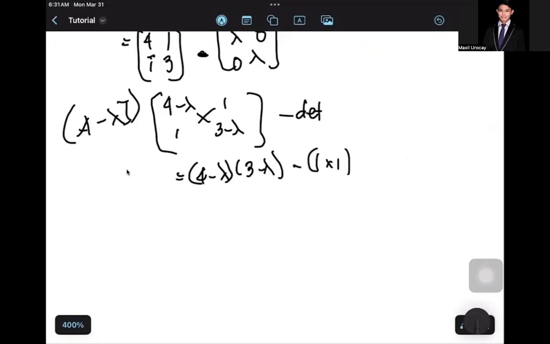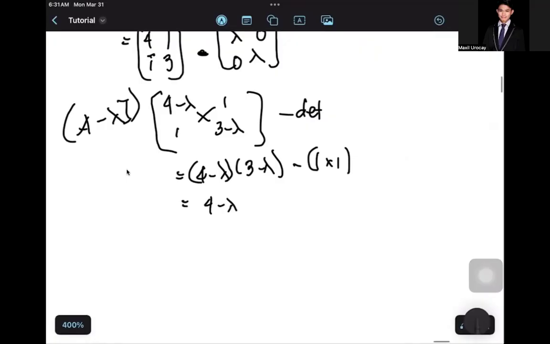So it will become 4 minus lambda, and then the same thing, 3 minus lambda, and then minus 1. So we have to expand our determinant.